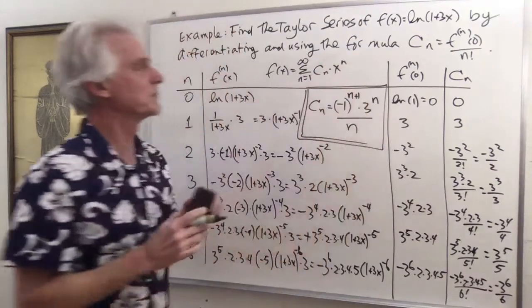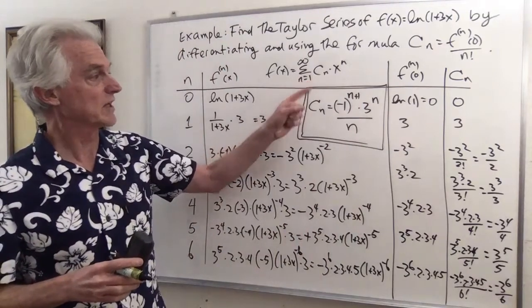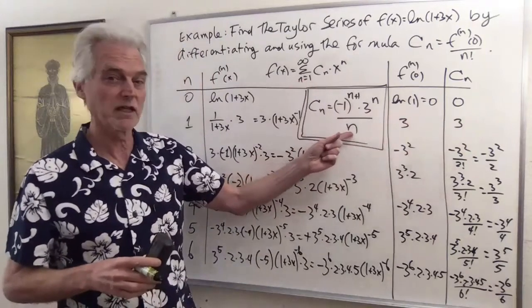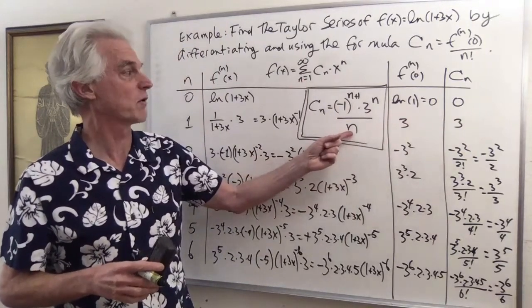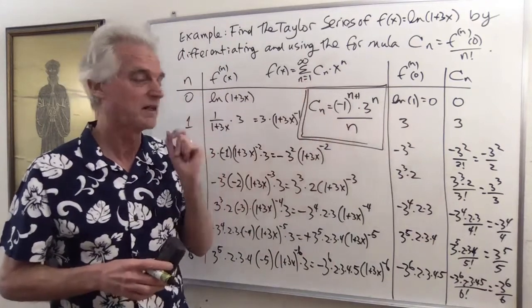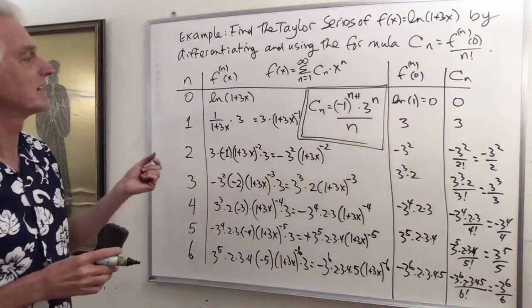There's a little bit of a funny thing. I don't start with n equals 0 because C0 is 0, and you notice that I can't plug in n equals 0 in this formula. It doesn't make sense. So I have to start with n equals 1. It's a little subtlety.